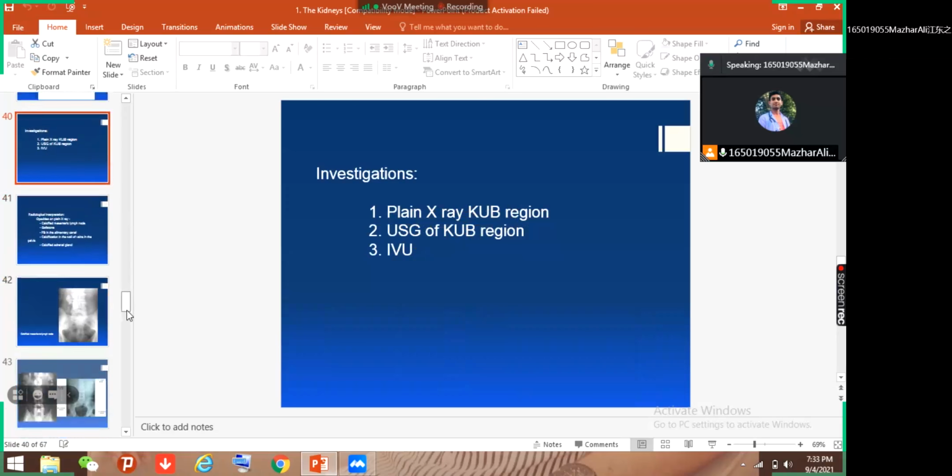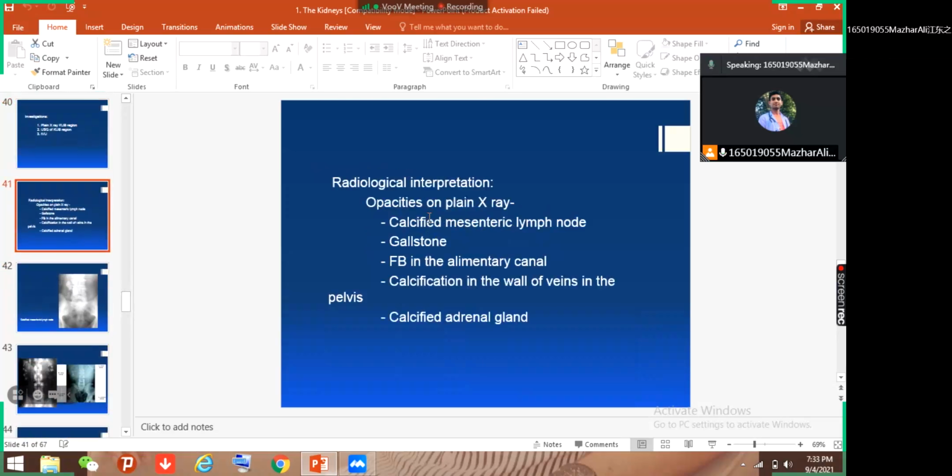Then the radiological interpretation: opacity on plain X-ray. If you find any opacity, your differential diagnosis may be calcified mesenteric lymph node, gallstone, foreign body in the alimentary canal, calcification in the wall of a vein in the pelvis, and calcified adrenal gland.